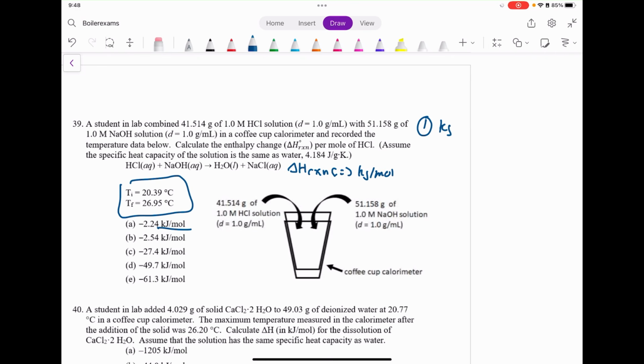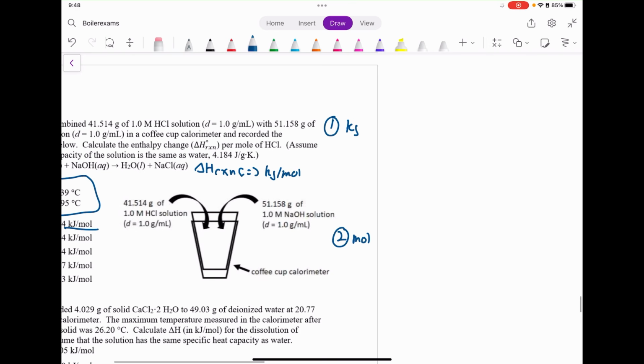We're going to get kilojoules in the first step, and in the second step we will get the moles of hydrochloric acid reacting. Then we divide the answer from 1 by the answer from 2, and that should get our answer. First, we're going to get the energy by doing Q equals MC delta T.